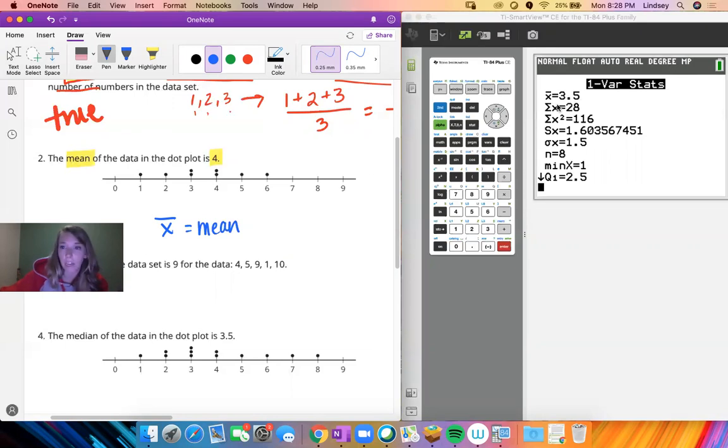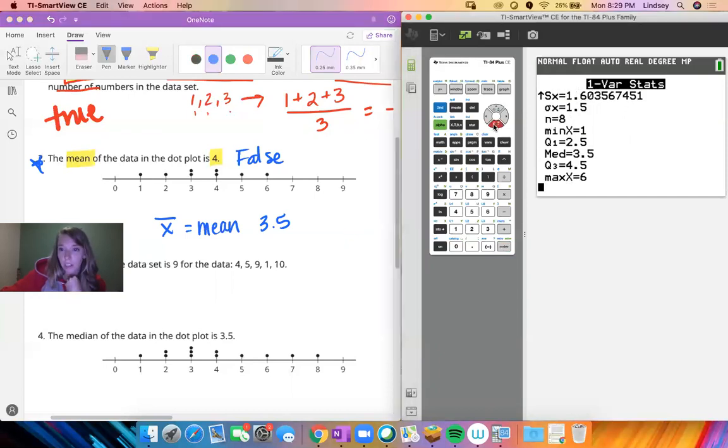Okay, so our mean of this data right here is 3.5. Okay, so is this a true statement up here? No, that would be false. Okay, so that's how you do it on your calculator. Same exact steps as to find the 5-number summary. Because look, if we just were to scroll down, we would get all of that information right there.